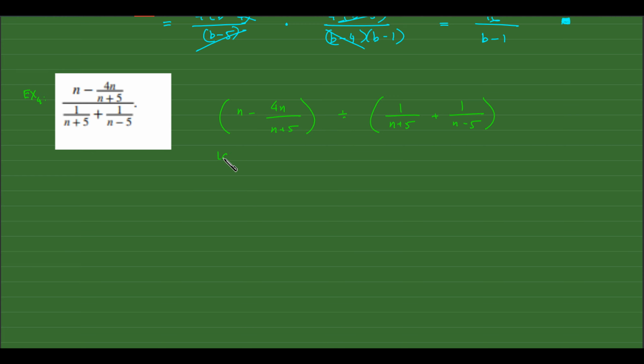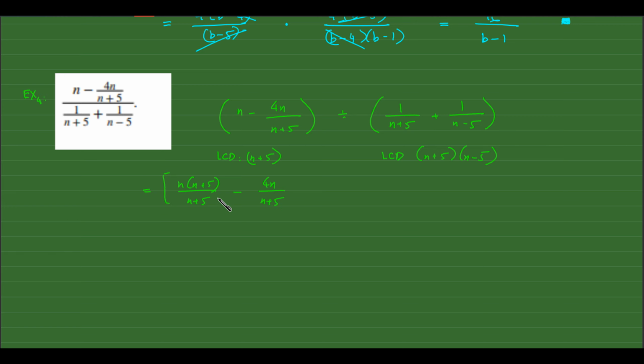So let's find the LCD here. LCD here will be n plus 5, and LCD here will be n plus 5 and n minus 5. Make sure on the test you show the LCD, okay? So if the LCD here is n plus 5, they're missing n plus 5, so you multiply the top and the bottom by n plus 5. On the second fraction, it's not missing anything.